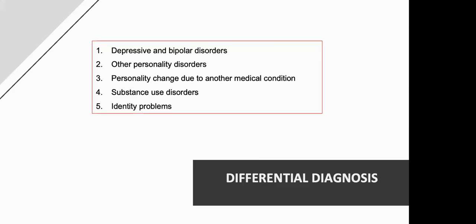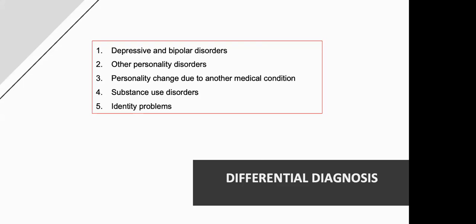Okay, so for differential diagnosis, first is depressive and bipolar disorder. Borderline personality disorder often co-occurs with depressive and bipolar disorder. We should also exclude other personality disorders, personality change due to another medical condition, and substance use disorder.